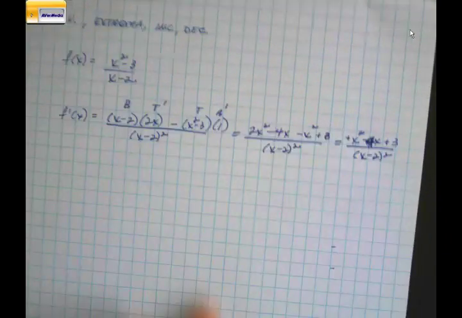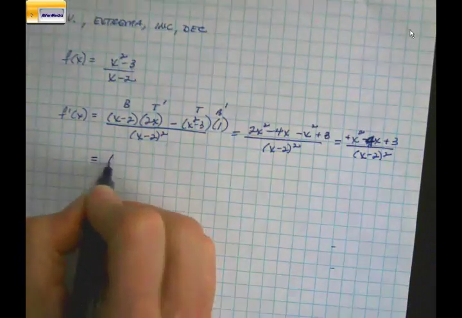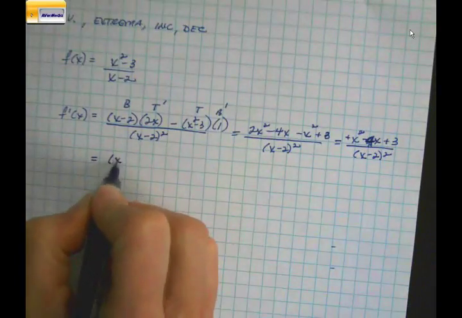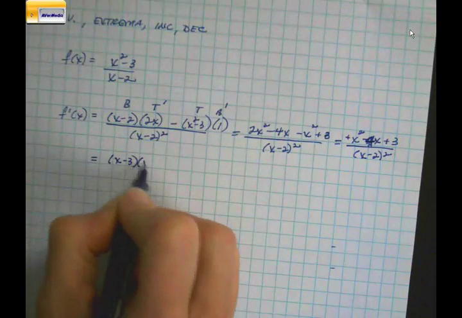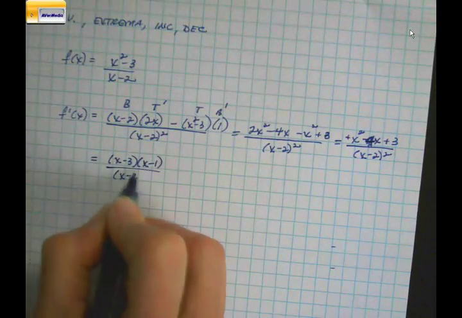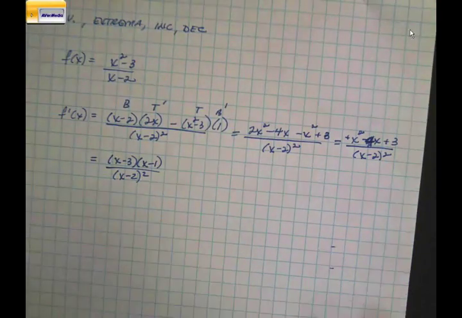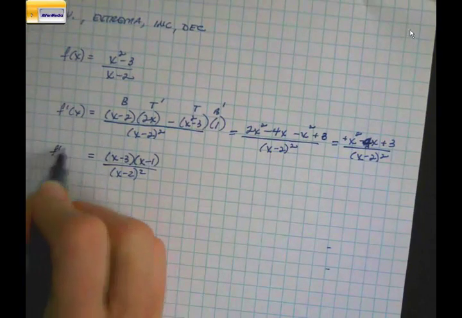That's a 4x. So this is x minus 3 times x minus 1 over x minus 2 perfectly squared. All right, that's my first derivative.